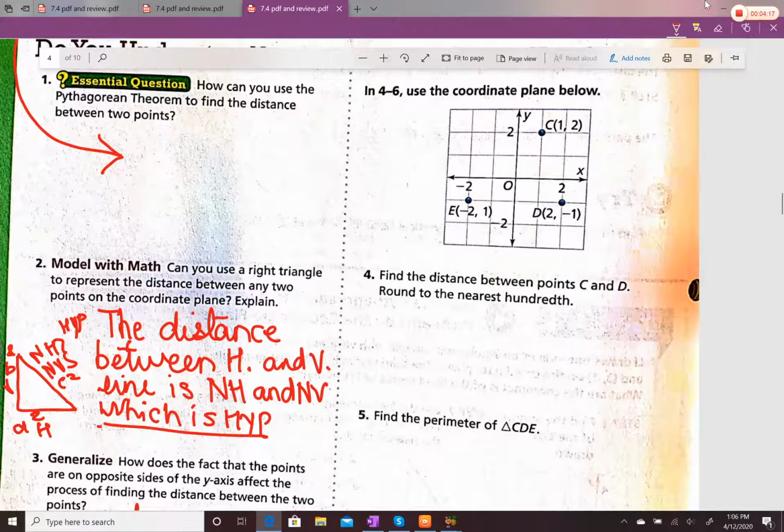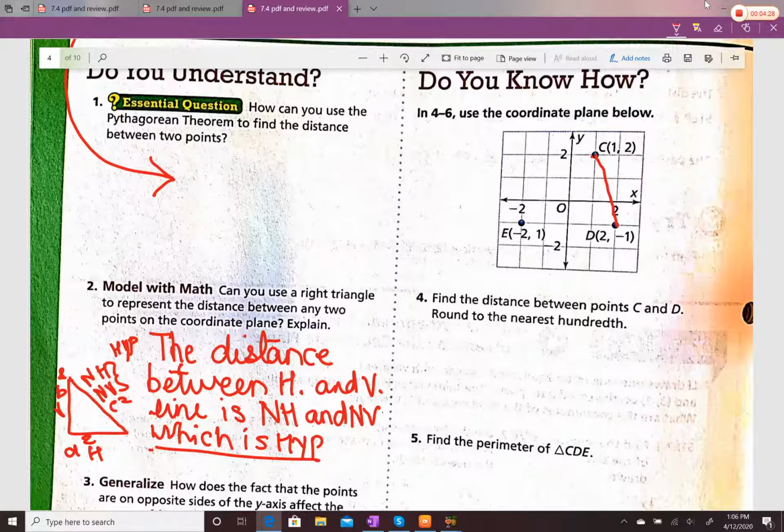Okay, first, find the distance between C and D. So I need to find the distance between C and D. To find the distance, I need to find where I can make a right triangle. Okay, I can make one right triangle here and here. The distance of each is 1. So this is 1, 2, 3, and this is 1.